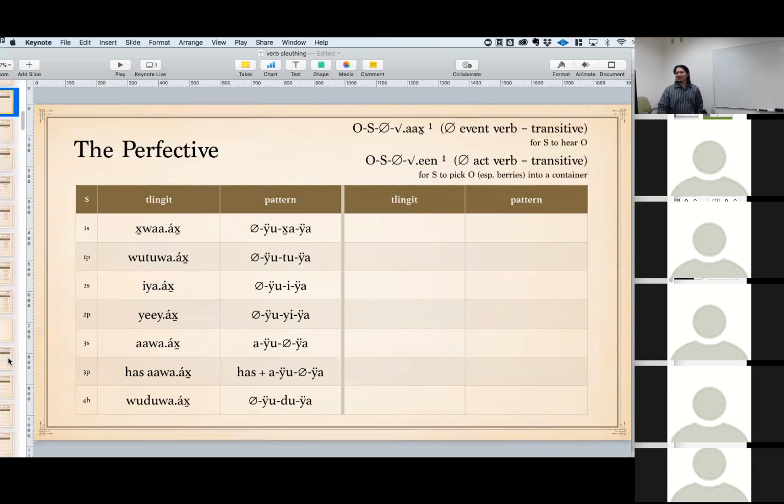Okay, somebody tell me. I picked berries. Yeah, naika. Khwa in. We picked berries.